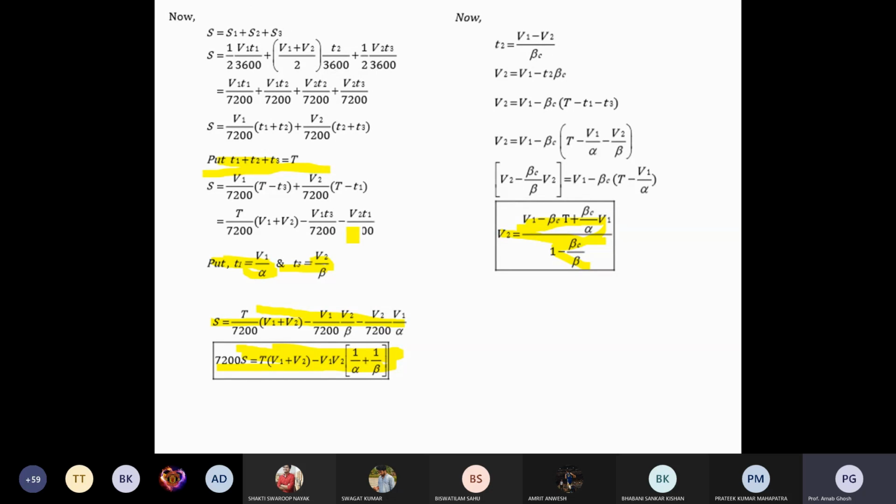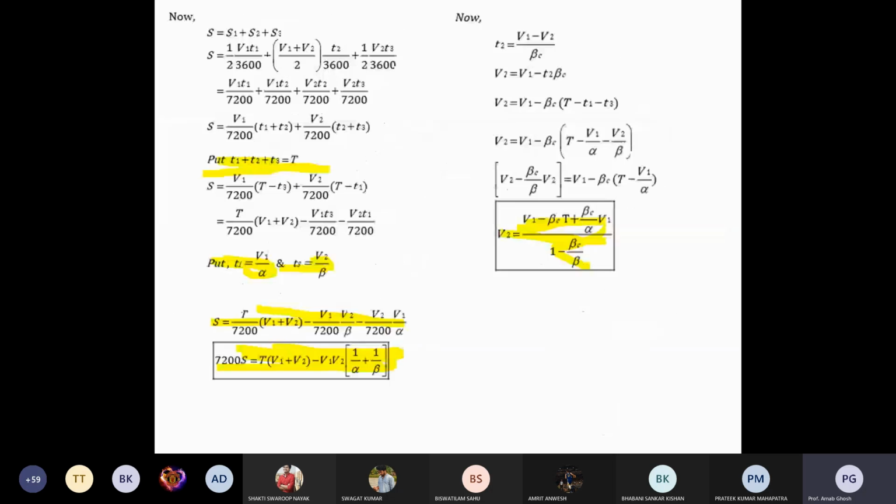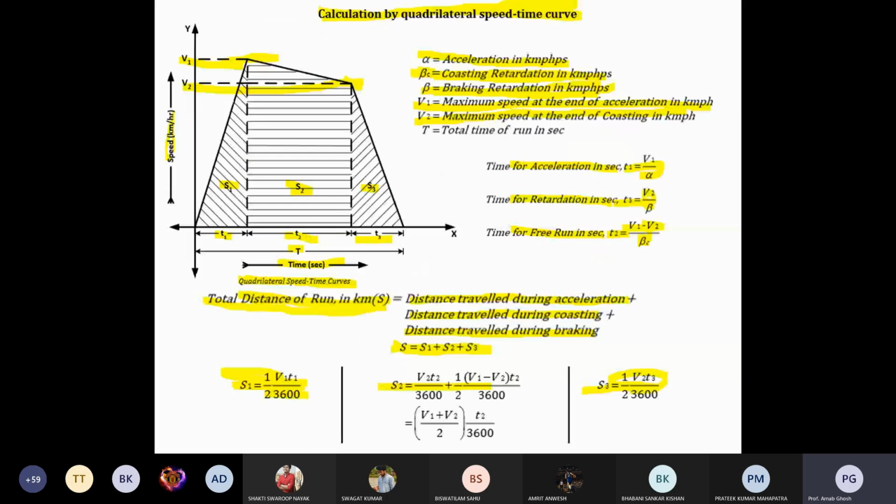And one announcement is there regarding the last class. I just forgot to tell you about the submission of your class note, like your last discussions, basically the DC drives, AC drives, power electronics control DC drives, AC drives.